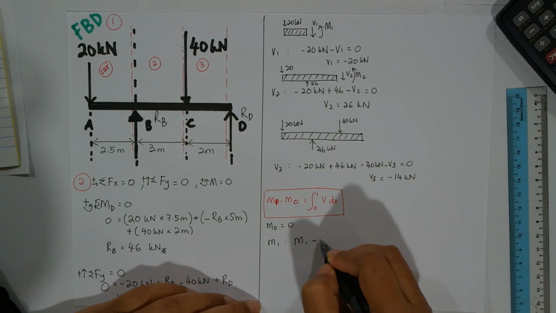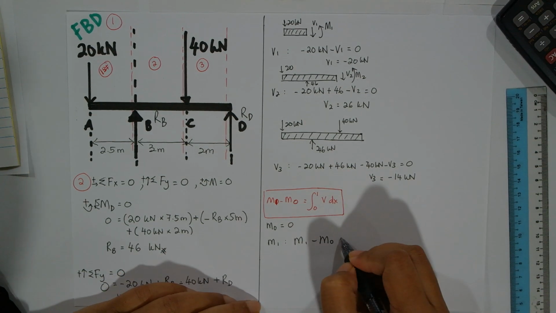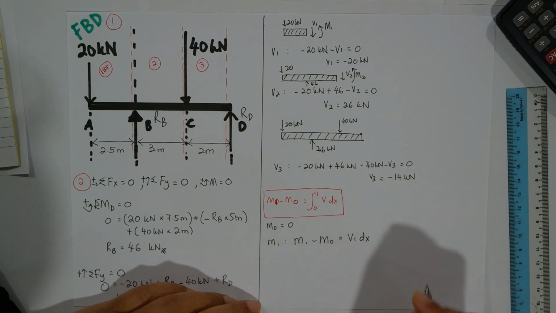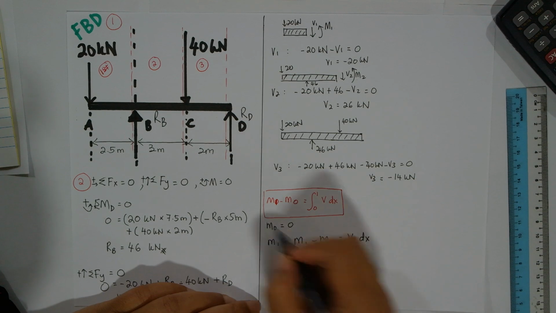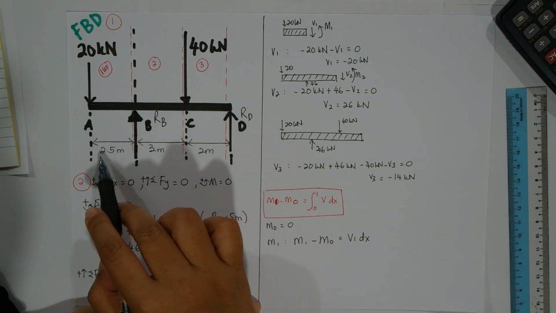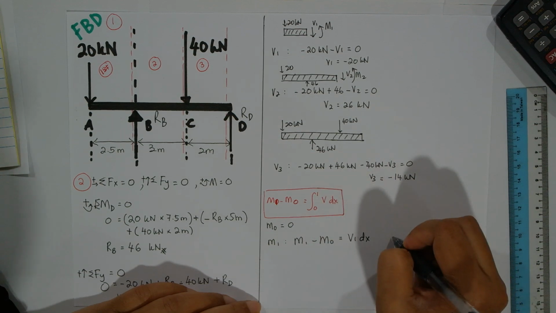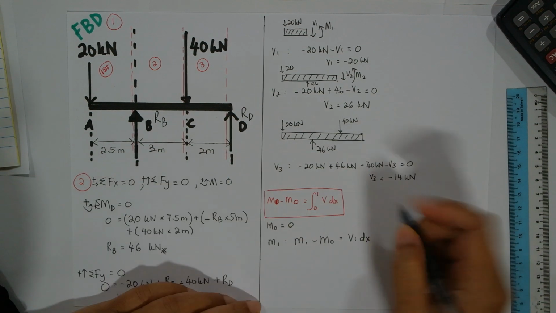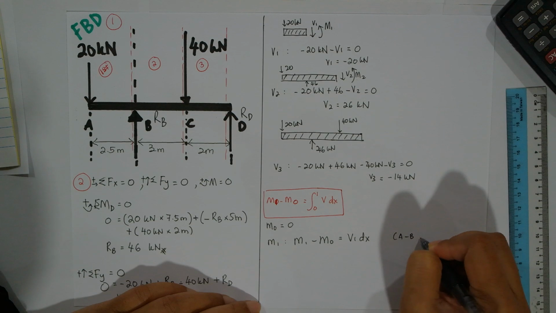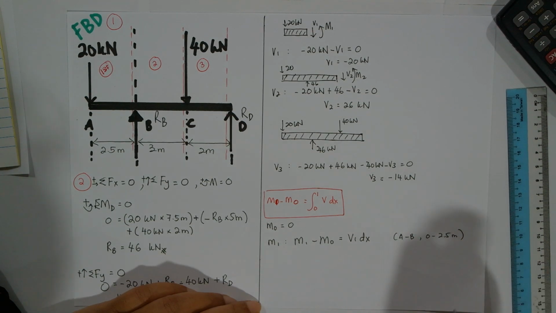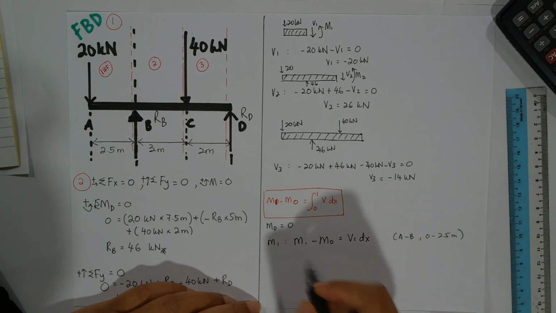M1 minus M0 equivalent to the integral of V1 dx. This dx is the distance from 0 to 2.5. This M1 is actually the area AB, from 0 to 2.5 in terms of distance. Okay, section, right?